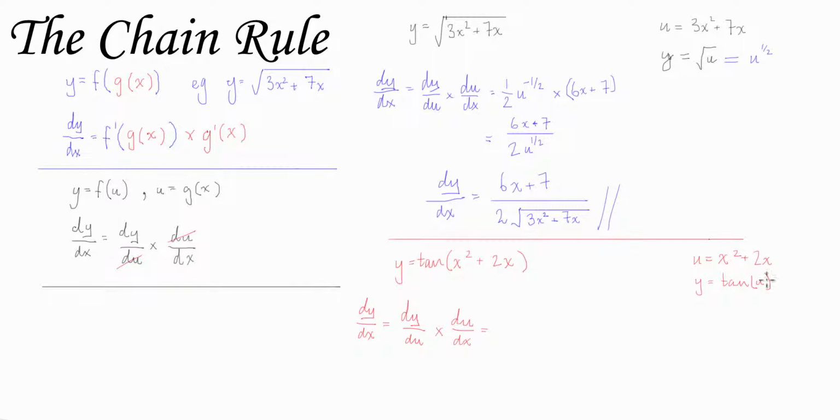So, the derivative of y in terms of u, the derivative of tan of u, is equal to 1 divided by cos squared of u, and then I have to multiply that by the derivative of u in terms of x, which is, I'll put a bracket, 2x plus 2.